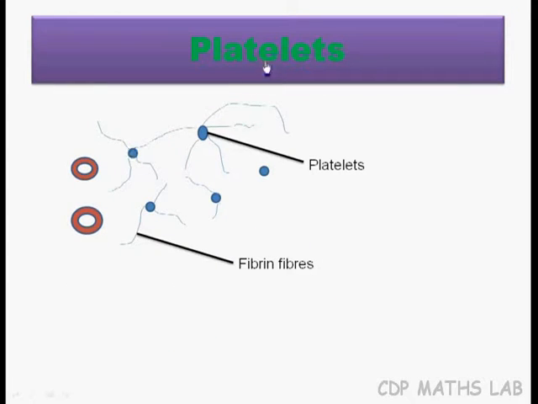Now, remember this one? Platelets. Now, these little blue circles here represent platelets. And then these strings represent fibrin fibers. Now, this circle here is representing red blood cells. Now, notice what happens here.